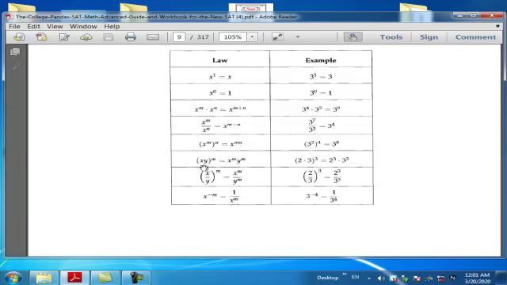We multiply both of them, like 3 squared to the power of 4 equals 3 to the power of 8. And if the base is xy, the product of them, all to the power of m, that means that the power m is distributed among both terms, the x and the y also. Like for example, if we say 2 times 3 all to the power of 3, it means that 2 is going to be cubed, and 3 is in the cubic form, 3 to the power of 3, as we know, 27 times 8.